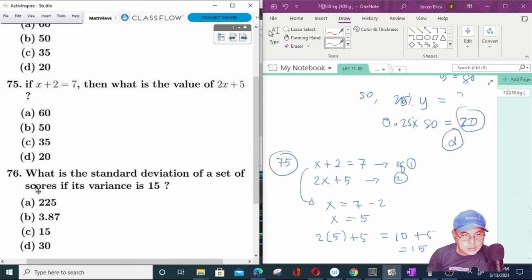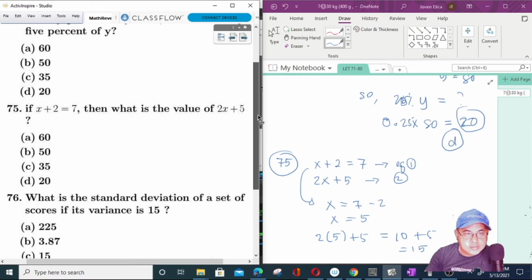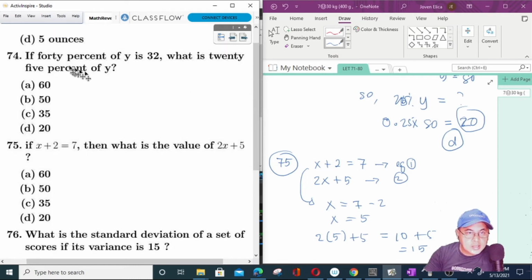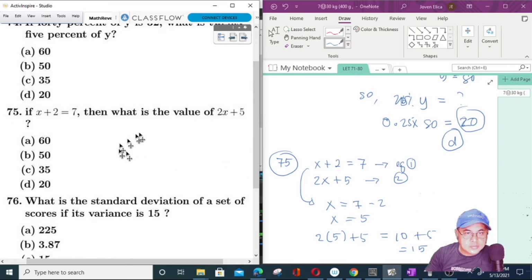Yeah, 18. There is an error here in the choices. If you notice, the choices here and here are the same, so sorry for that.